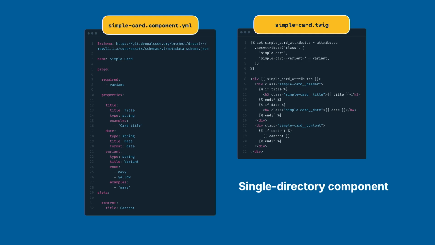This is how you can build a design system, for example. And what it means is that you have a component definition file. It's a YAML file where you describe how your component is able to receive data. And in a Twig file, you can describe the markup, which is the output of your component.